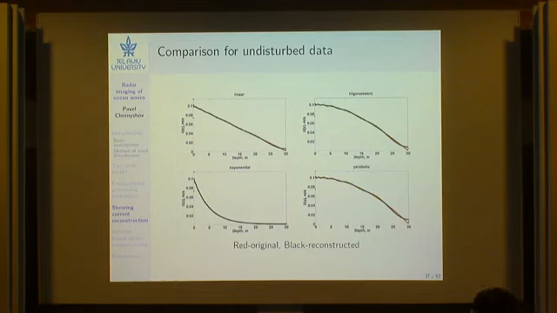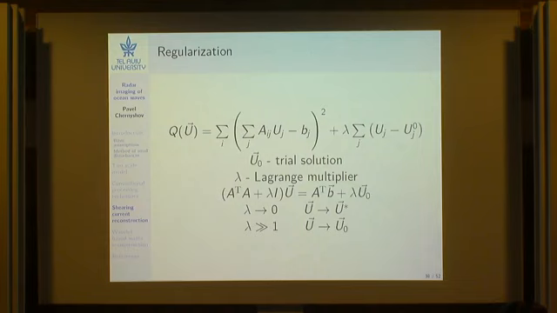And we see here it works. But as we could expect, we need to make a regularization to get a reasonable result for contaminated data, or what is even worse, the data which went through all this radar imaging mechanism.